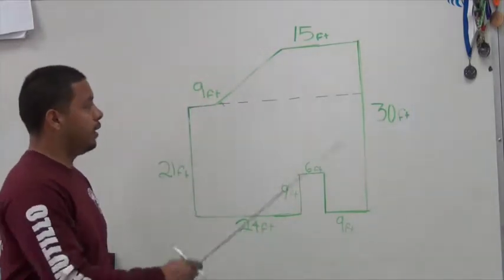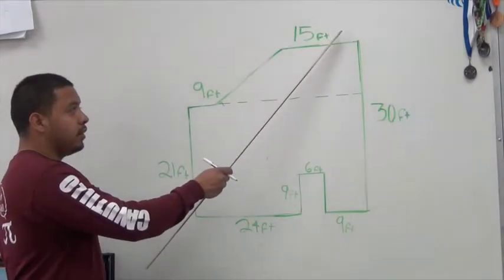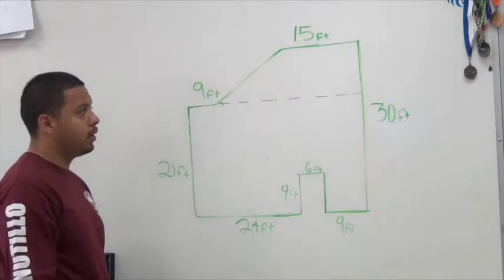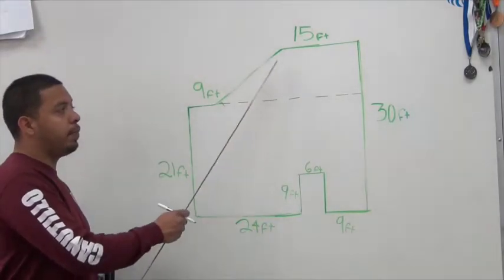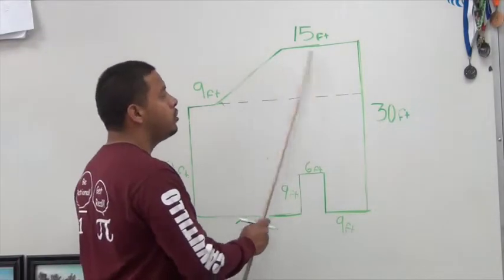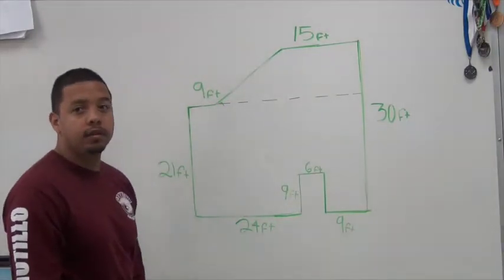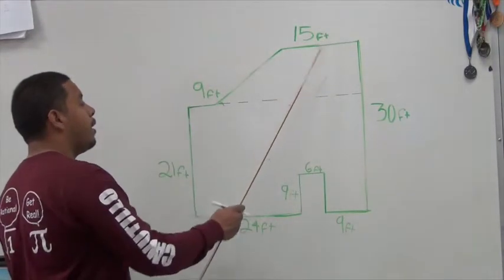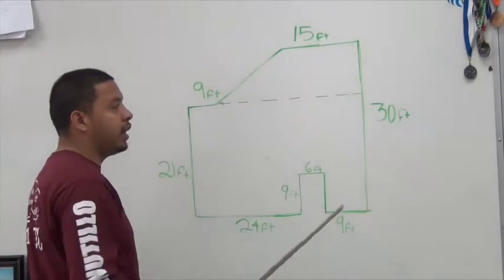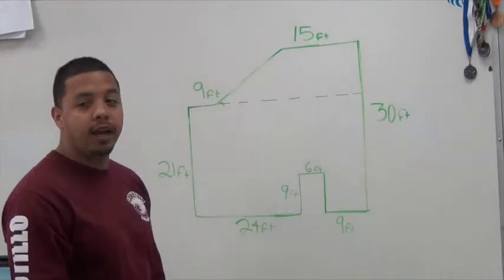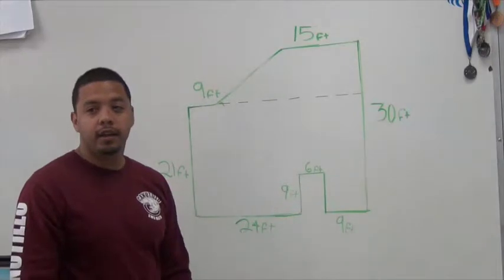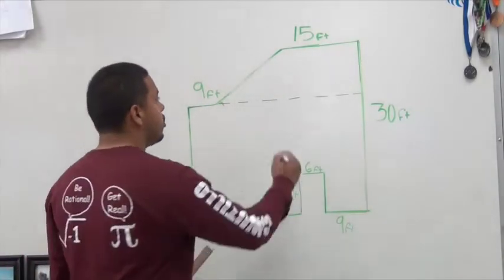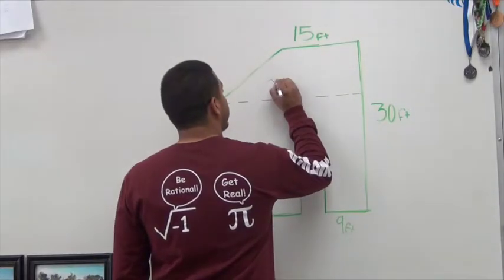It has a parallel base. Parallelogram? Is it a parallelogram? A parallelogram has two different pairs of parallel sides. Since this one has only one pair of parallel sides, this is known as a trapezoid.